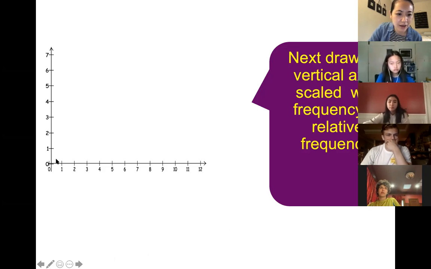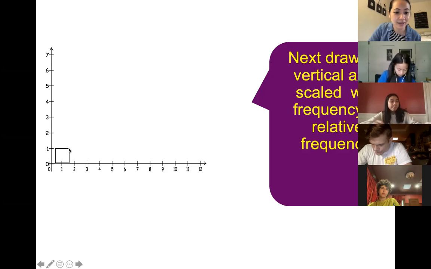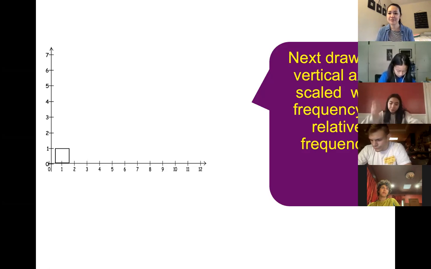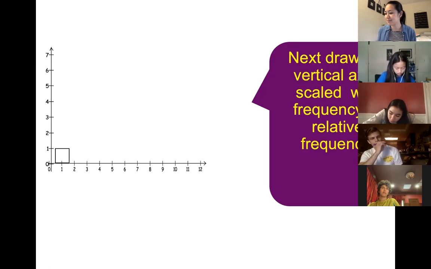You want to draw it so that, for 1, the 1 is right in the middle of the rectangle. Alyssa said it only appeared once, so we're going to make the height 1. All right, and that's your first bar. Okay, number 2, who had number 2?